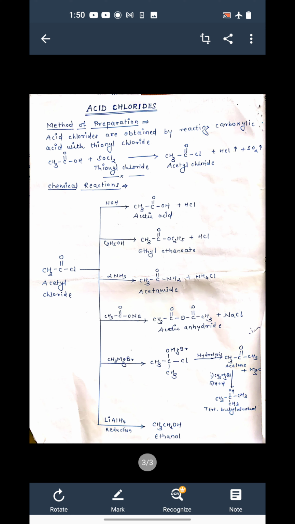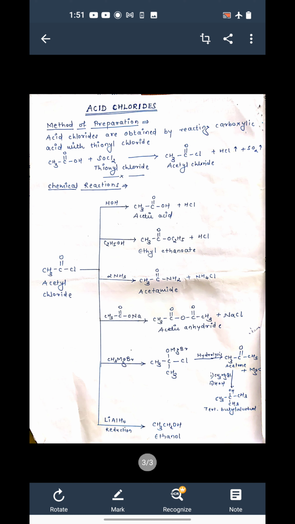Then the chemical reactions of these acid chlorides. First, when acetyl chloride reacts with HOH, means water, it undergoes hydrolysis, and we get the parent acid, that is acetic acid. HCl gets removed there. In the second case, when this acetyl chloride reacts with ethyl alcohol, a condensation reaction takes place.